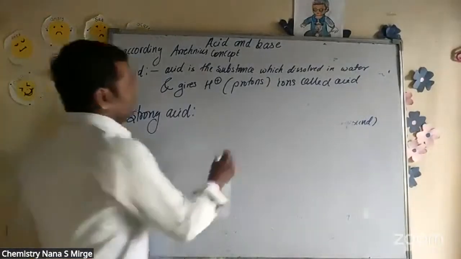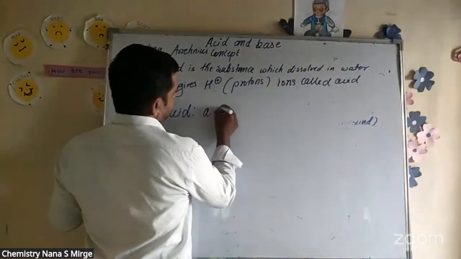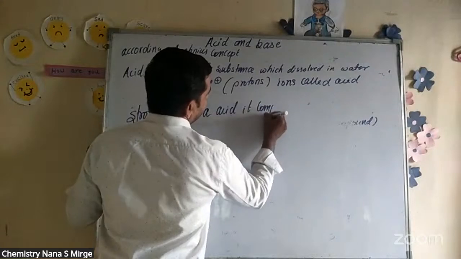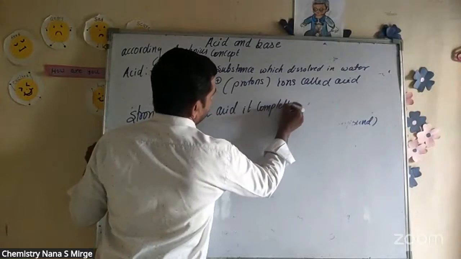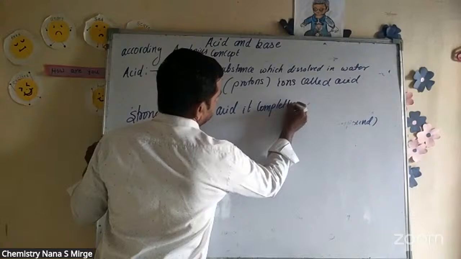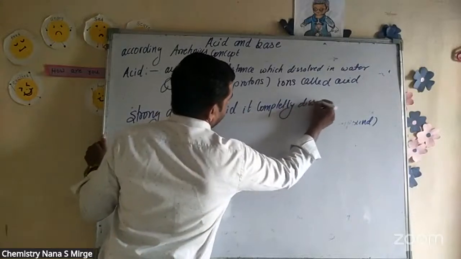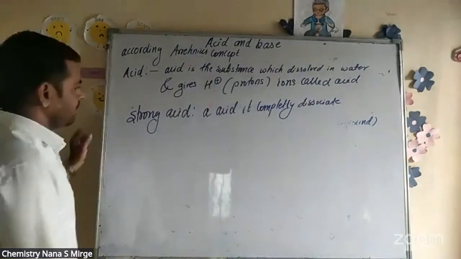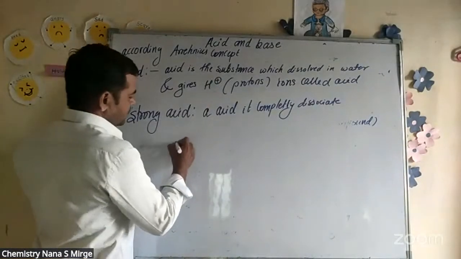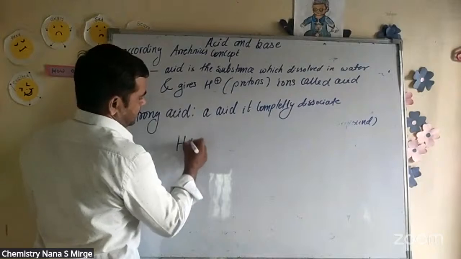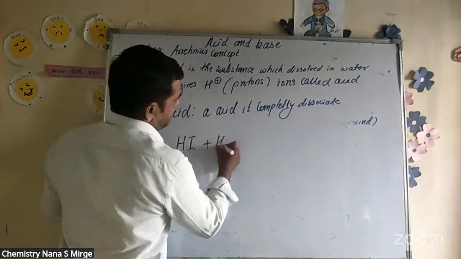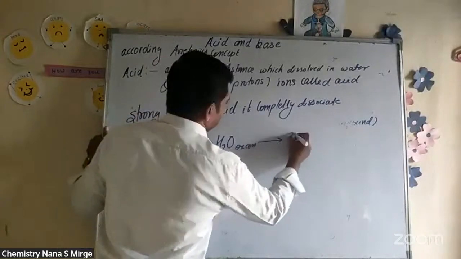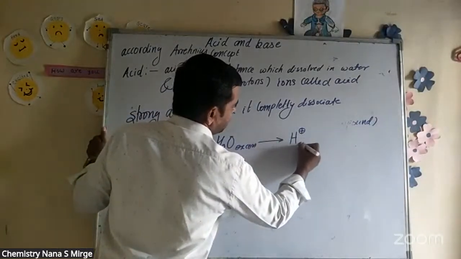It completely dissociates. Among strong acids, HCl, HI is the strongest acid, and it completely ionizes, meaning 100% of it dissociates and nothing remains.